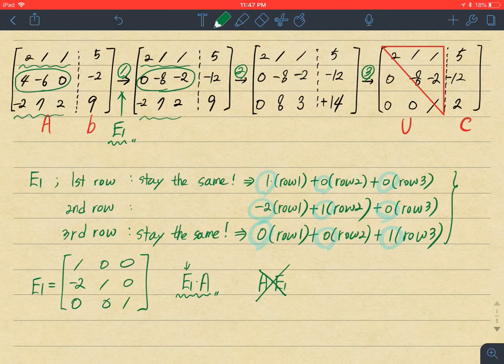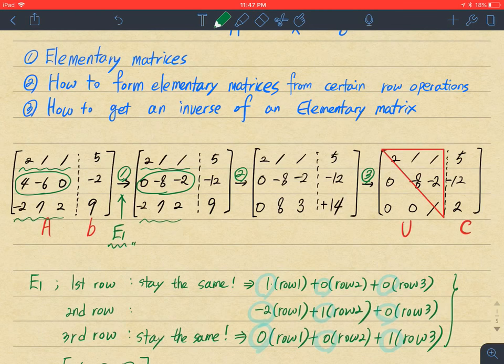Okay, so by multiplying E1, this matrix becomes E1A. And to maintain the equality, you should multiply E1 to B as well. Here's B, and here is E1B.